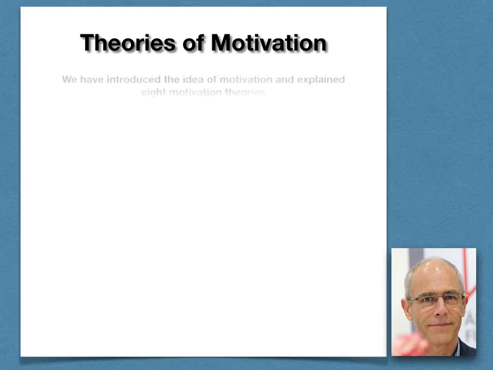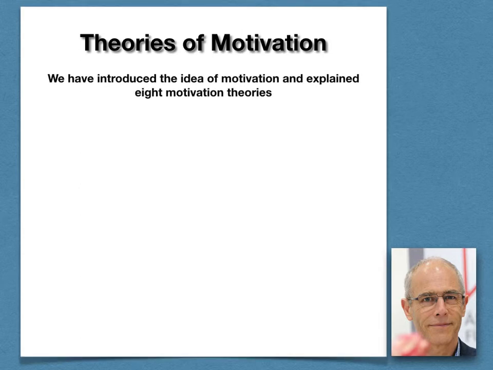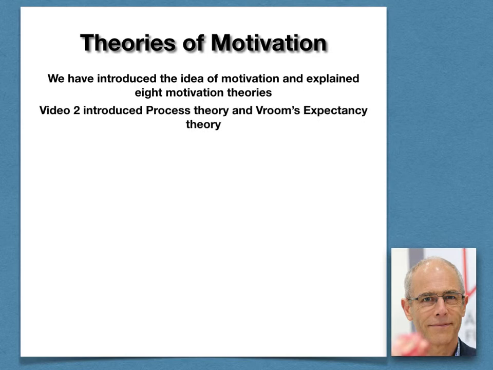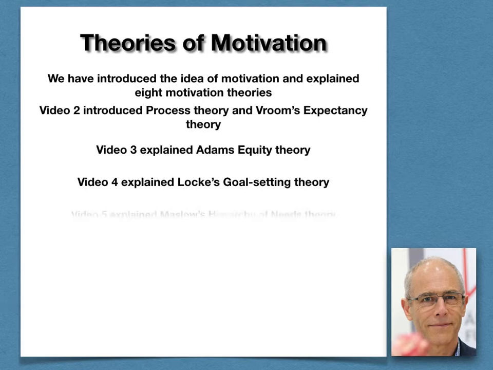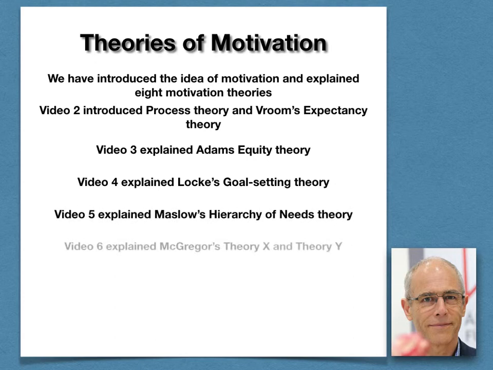In this series of videos, we have introduced the subject of motivation at work and have described 3 process theories and 5 content theories. In order of presentation, these were Vroom's expectancy theory, Adams' equity theory, and Locke's goal-setting theory.